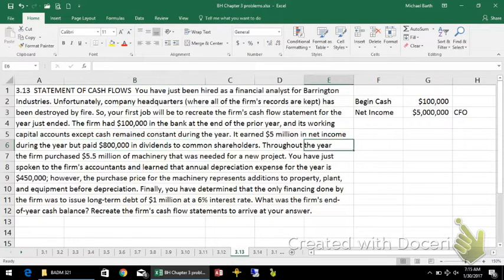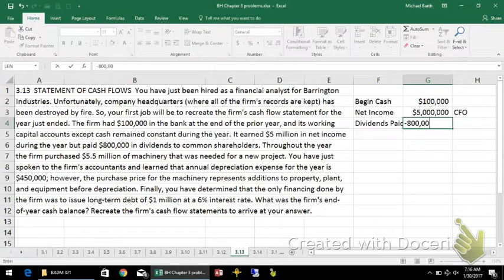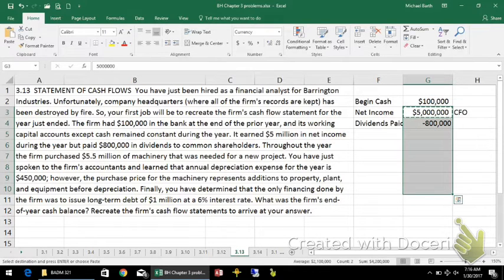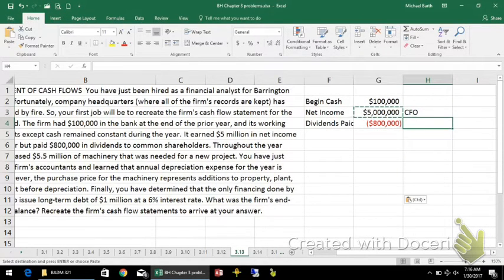It paid $800,000 in dividends. So that would be negative $800,000. And that's a cash flow from financing activities.